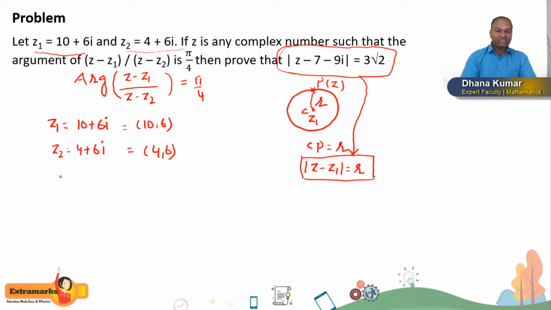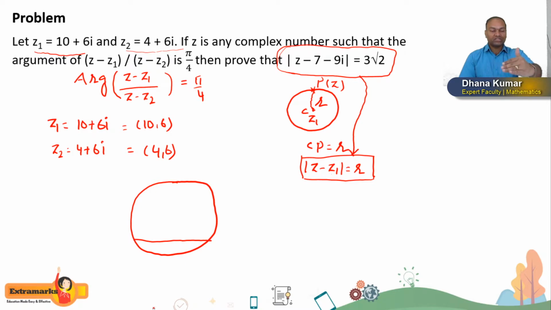Fine. For example, just you see that rough diagram, one circle I am drawing. For our convenience, I am assuming this line parallel to x-axis.